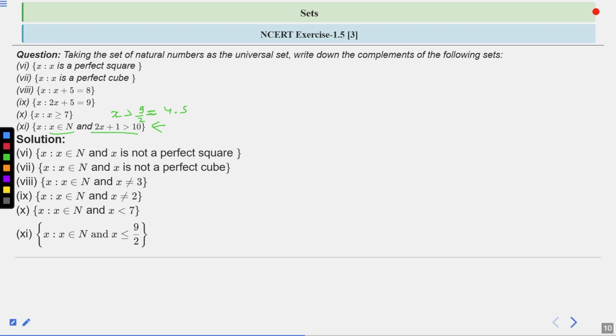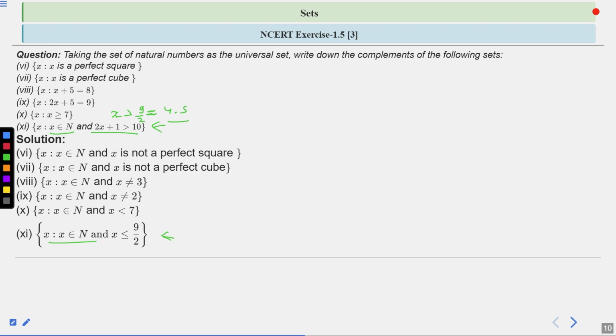In its complement, we have to collect all natural numbers less than or equal to 4.5. So your complement set will be x such that x belongs to the set of naturals and x is less than or equal to 9 by 2. Clear?